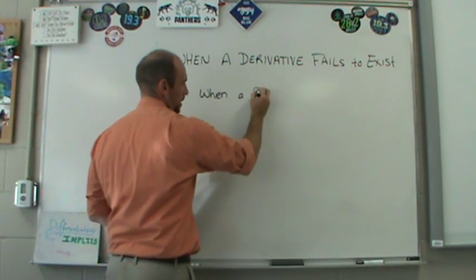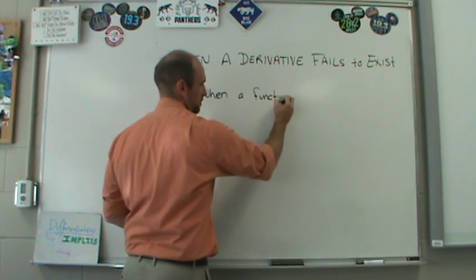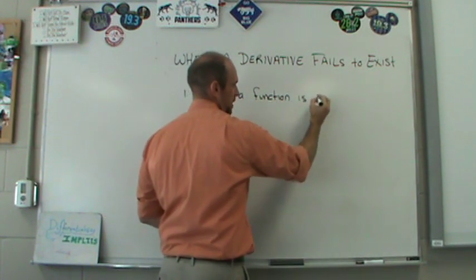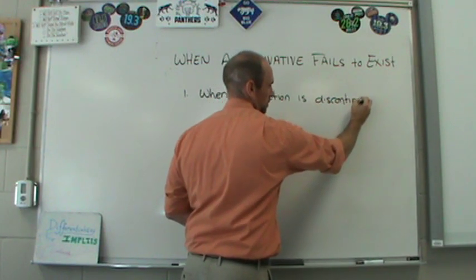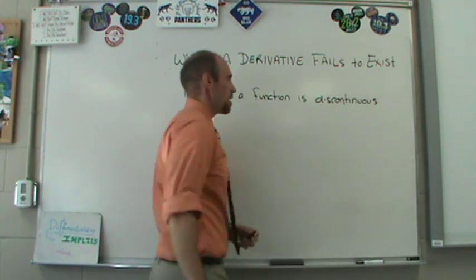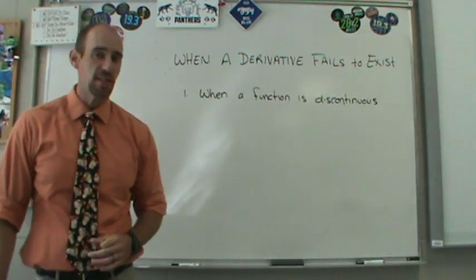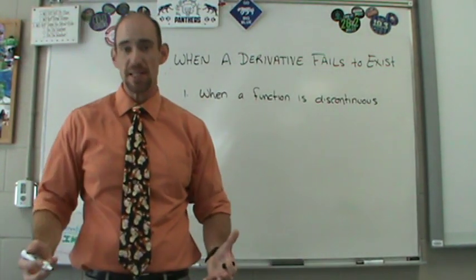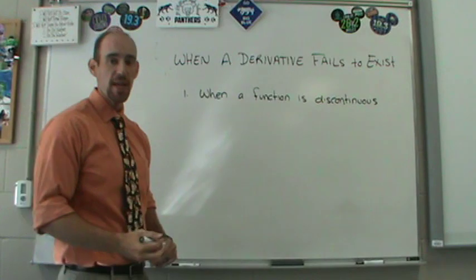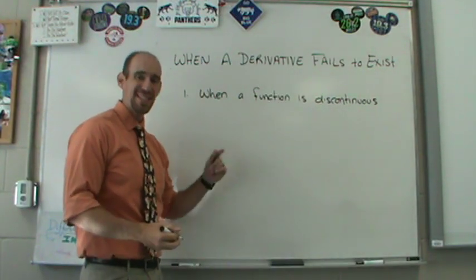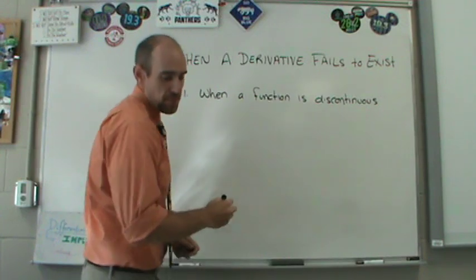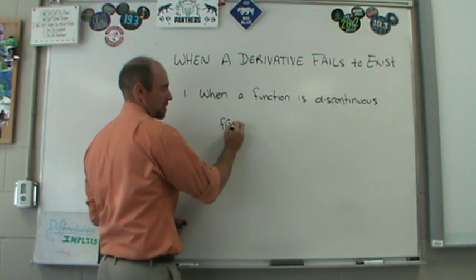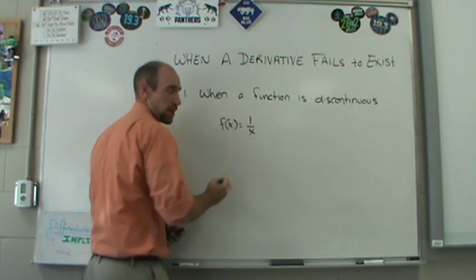a function is discontinuous. Now, a limit was able to be discontinuous and still have a limit. That was okay. But with a derivative, if it's discontinuous, the derivative does not exist at that point. So for example, f of x equals 1 over x.